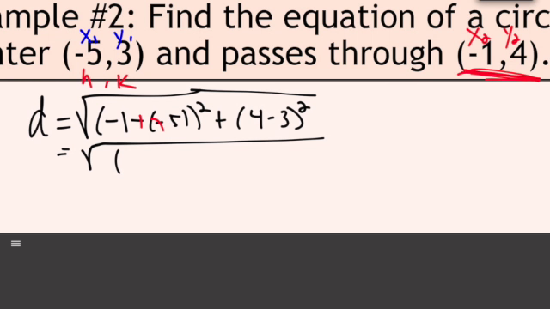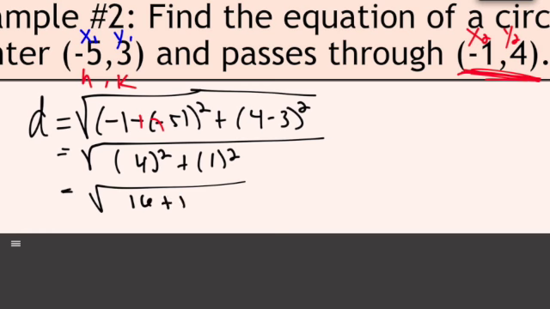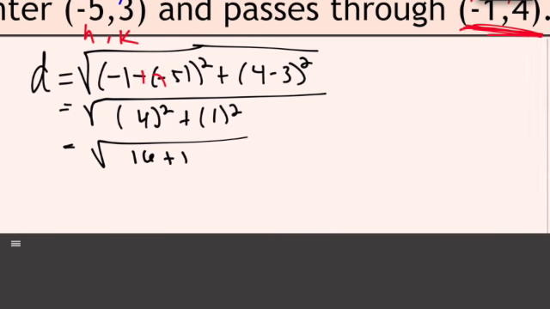So -1 plus 5 is 4. And then 4 minus 3, that's just 1. So then we're going to get the square root of 4 squared, that's 16, plus 1 squared, that's just 1. And then I'm going to get 16 plus 1, which gives me 17.